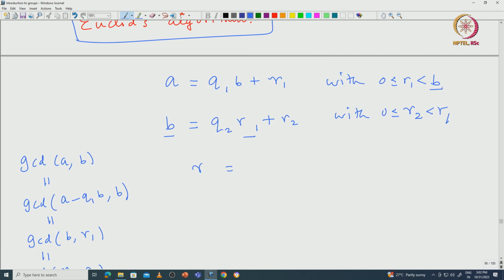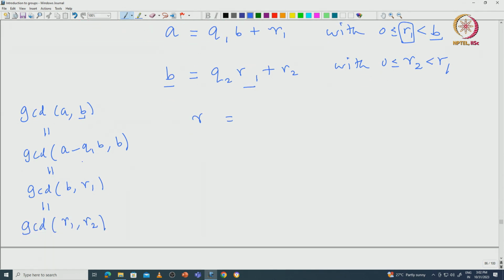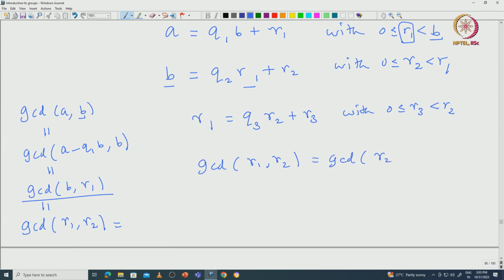You started with the tuple A, B and then go down to B comma R1, where R1 has a smaller value than B. Now you also replace this with a new tuple. R1 is divided by R2, so R1 can be written as Q3 R2 plus R3, with 0 less than or equal to R3 less than R2. Then the GCD of R1 comma R2 will be the same as GCD of R2 comma R3.